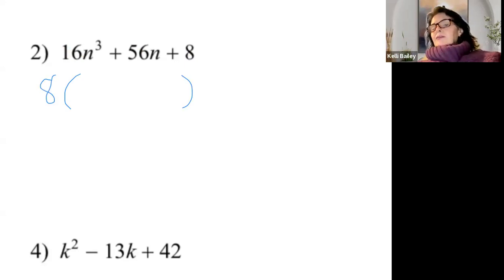And I'm putting it right by the parentheses because I noticed that this guy over here doesn't have an n. There's no variable. That's an 8. Nothing multiplied. So that's all I can bring out. Okay. So for inside the parentheses, I'm just going to go 16 divided by 8 gives me 2. And that's n cubed. 56 divided by 8 gives me 7.